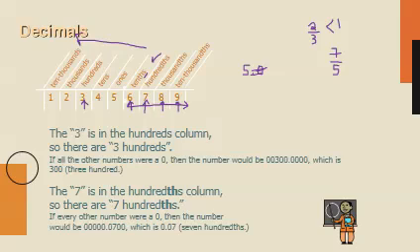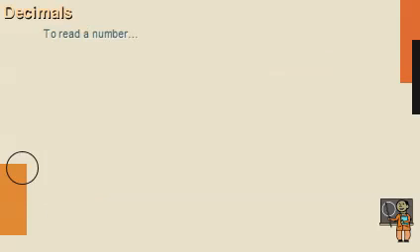Now I'm going to explain how we say the decimal number in word form. To read a number, we have steps. The first step is to read the whole part, which is to the left of the point. So the first thing you have to do is to read the whole part as you used to do before.